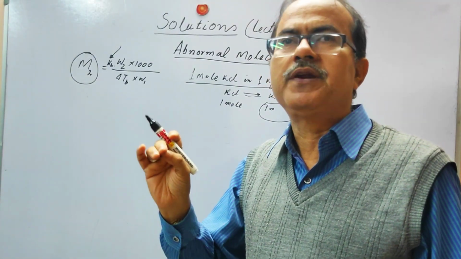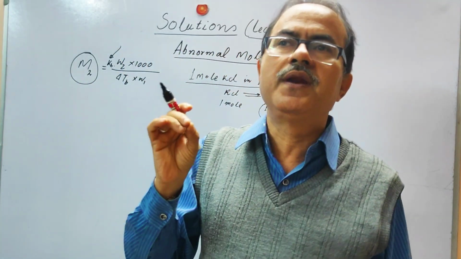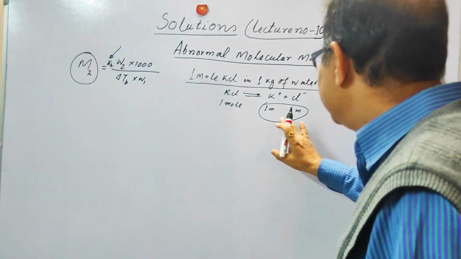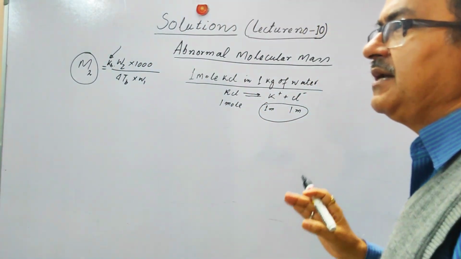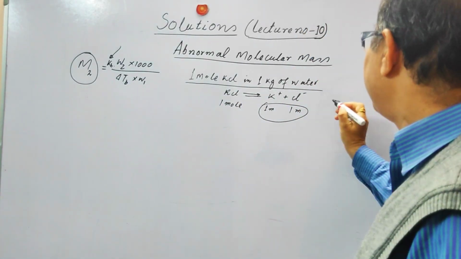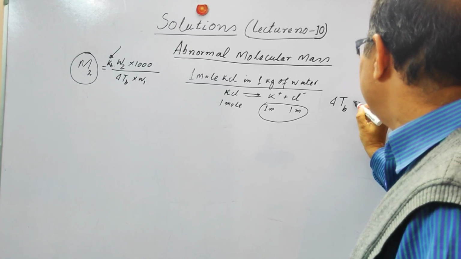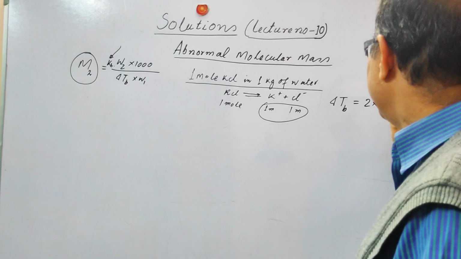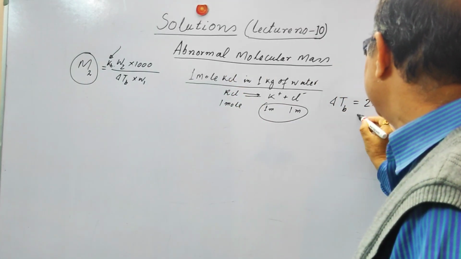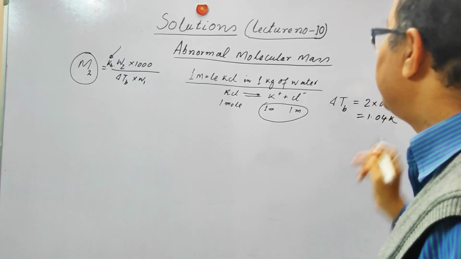Now, we know colligative property depends on the number of particles, not on the nature of the particles. So when we measure this colligative property, the elevation of boiling point, it will be observed that delta Tb will be 2 into 0.52 Kelvin for this 1 mole of KCl, that is, 1.04 Kelvin instead of 0.52.